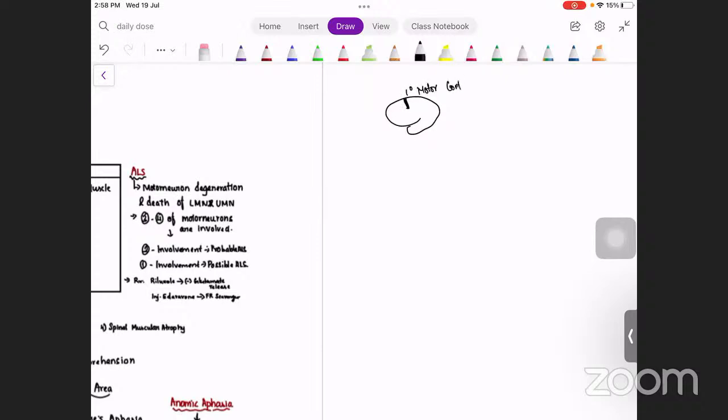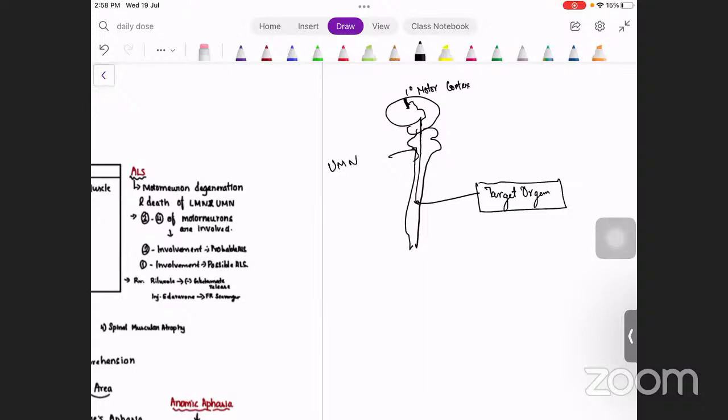From the primary motor cortex, the upper motor neuron carries the fiber down to the spinal cord, and from there the lower motor neuron carries it to the target organ. We have seen that in the physiology of motor nervous system transmission. So this is your UMN and this is your LMN.